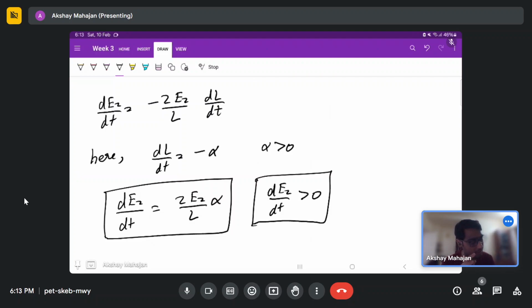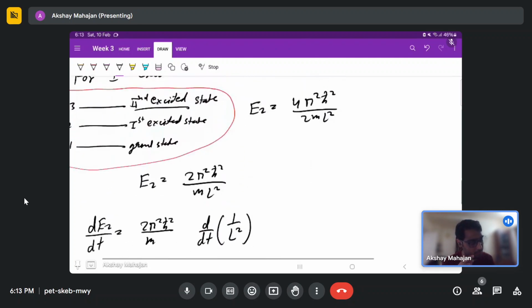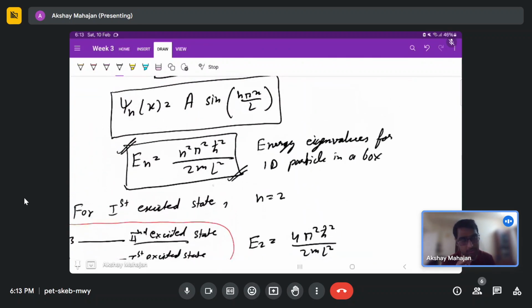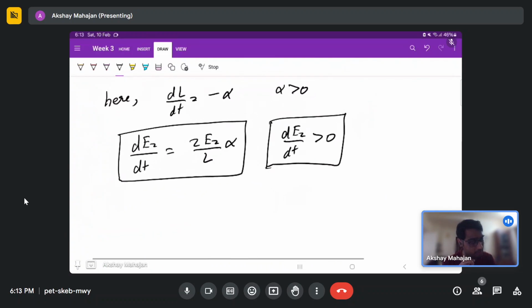Our excited state energy will increase, and that we would have expected, because our En formula is inversely proportional to L². So if we decrease the L value, then all the energy levels will increase. And in this problem, it is asked just to find the rate of change for the first excited state. So we have calculated it. Alright.